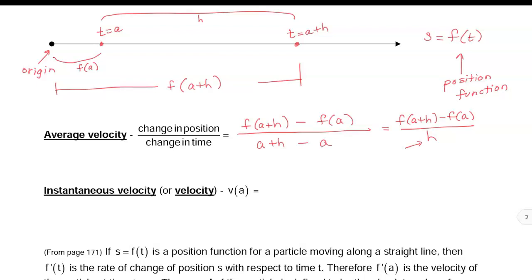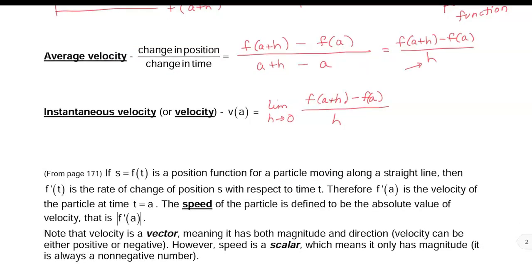We're going to take a limit to find instantaneous velocity: take the limit as h approaches 0 of our average velocity, f of a plus h minus f of a over h. We're talking about instantaneous velocity ultimately, and we're going to represent this as the derivative of f.